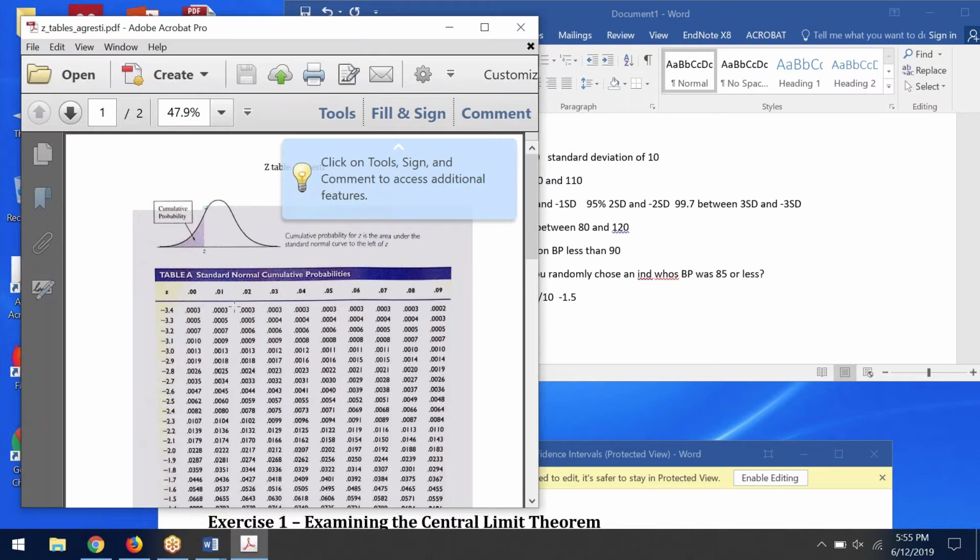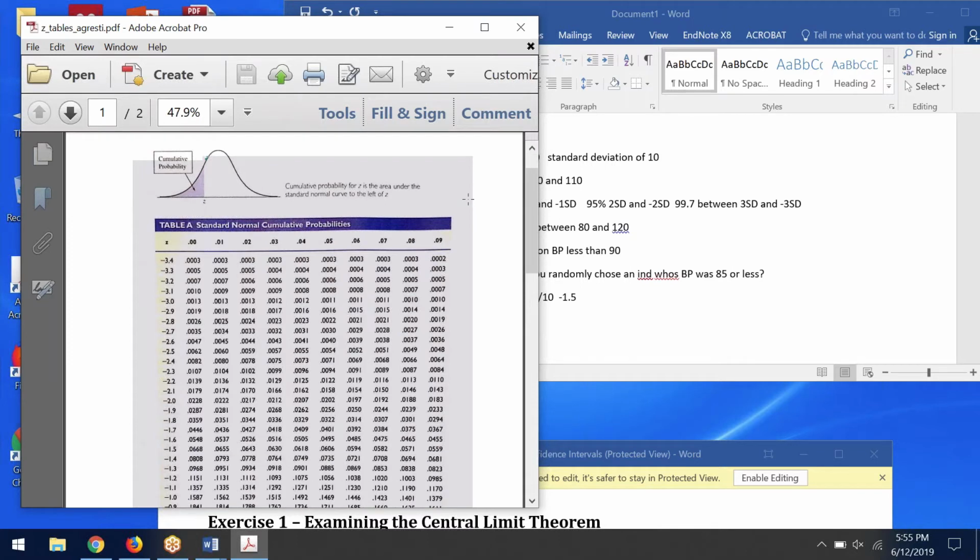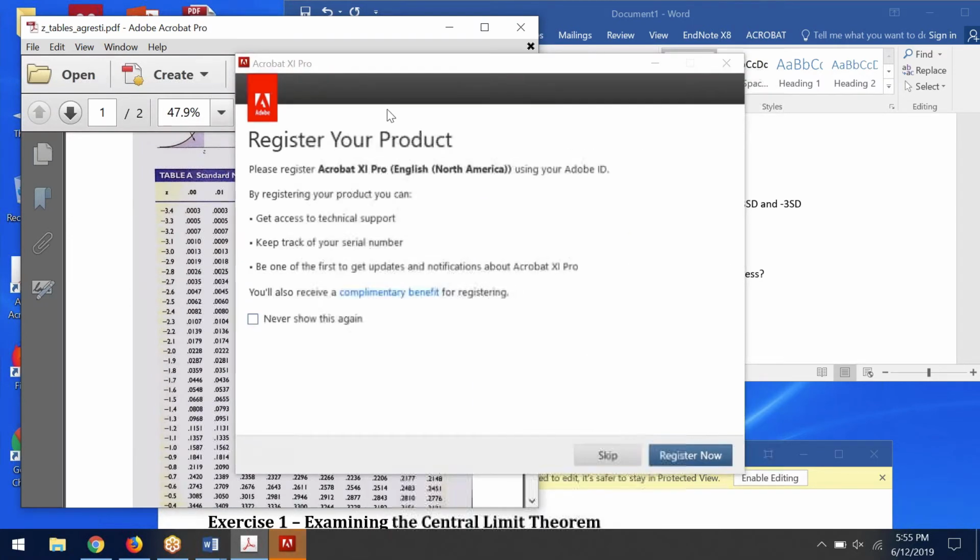But the areas that it gives you will allow you to determine areas in any part of the distribution. I'm using this one. It's almost identical to the one in your textbook. If you like the one in your textbook better, you can use that.